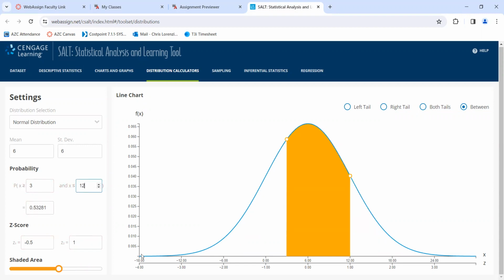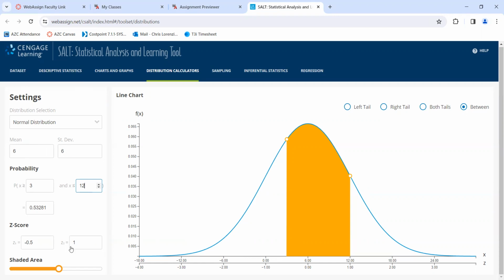As you can see, when you take a look at this down here, you see that the mean is 6. That's kind of the center here. So this first one right here is giving us the x distribution, the actual distribution. And the one below it is giving us the standard normal. Either way, I put this in here, I get my probability here, 0.5328. And that's that. So we're pretty good with that.